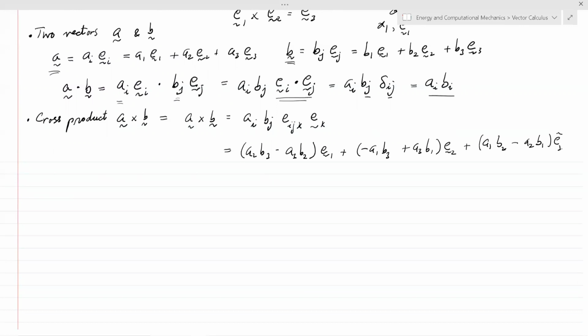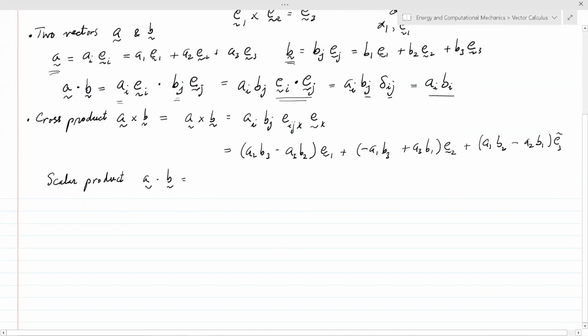I can also determine the angle between the two vectors. So the scalar product A dot B can also be found as the magnitude of A times the magnitude of B and the cosine of the angle between these two vectors.